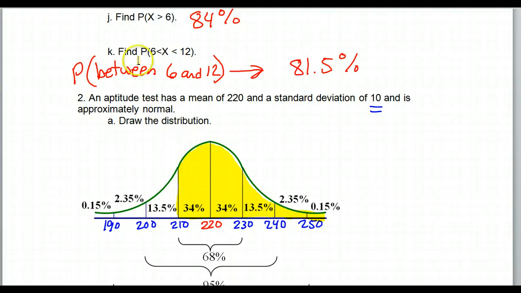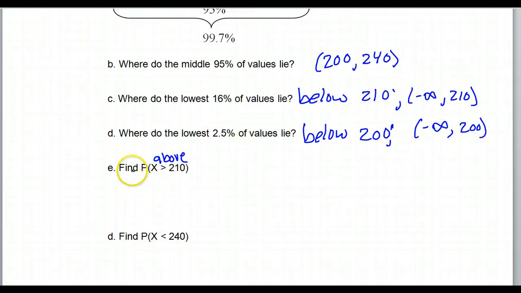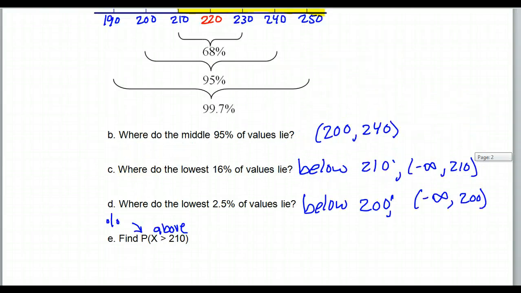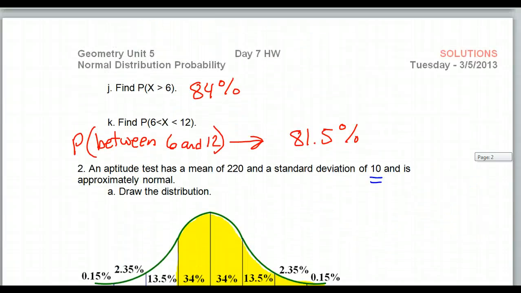This is the zone that they're talking about, the interval that is above 210. Now they're asking us for the probability. This P stands for the probability. Well, the probability is a percent. So they're asking us for what percentage of the values are above 210.